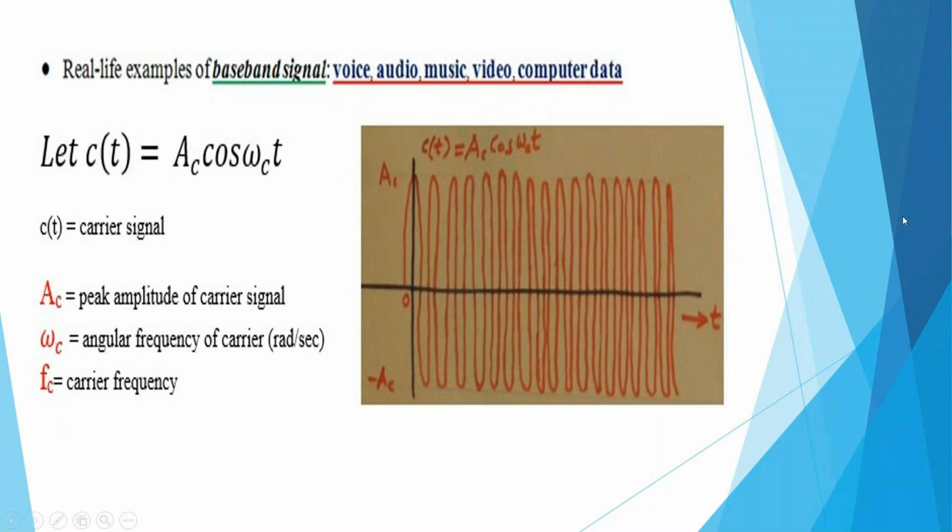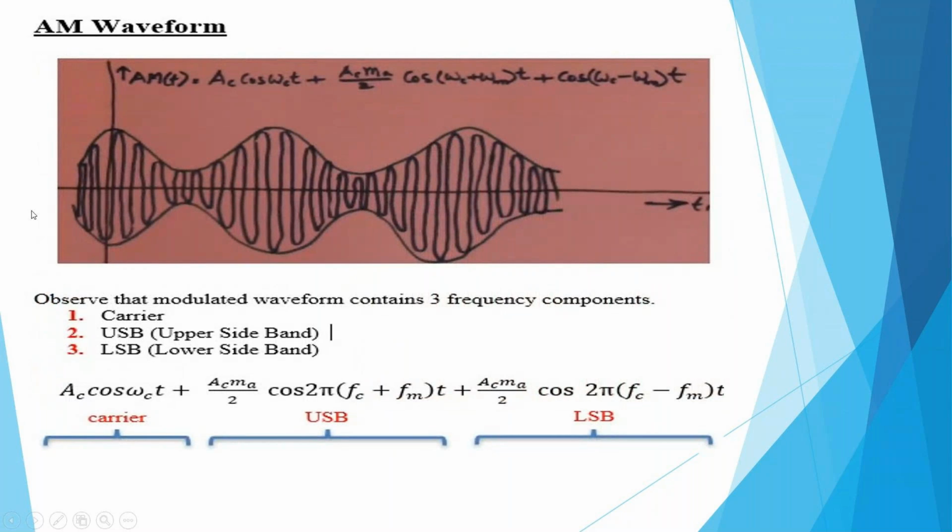And next slide. Here is a very important output result. This is the AM full waveform, and this is the mathematical result. This is the carrier, this is the upper sideband, and this is the lower sideband, and this is the resultant amplitude modulation signal.